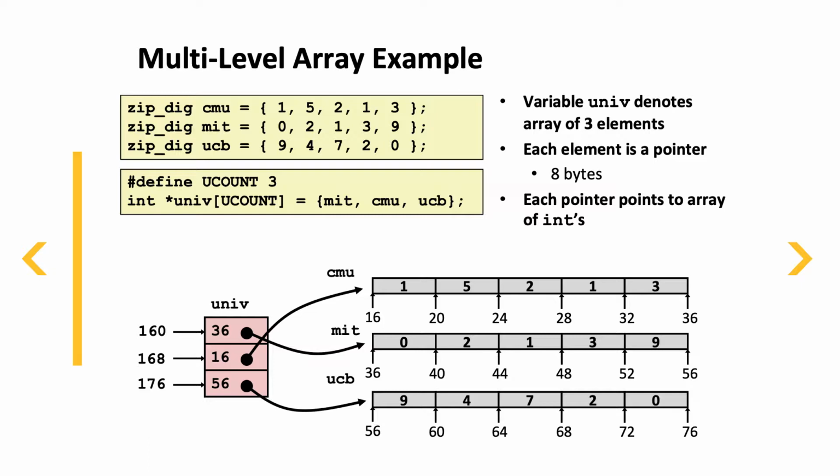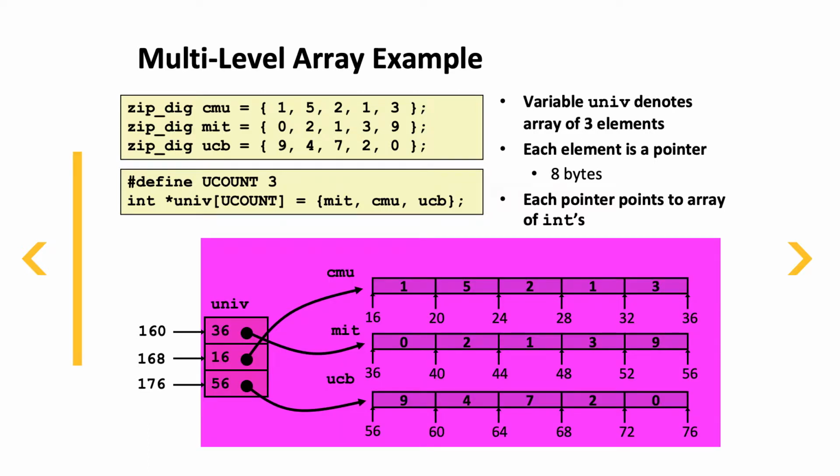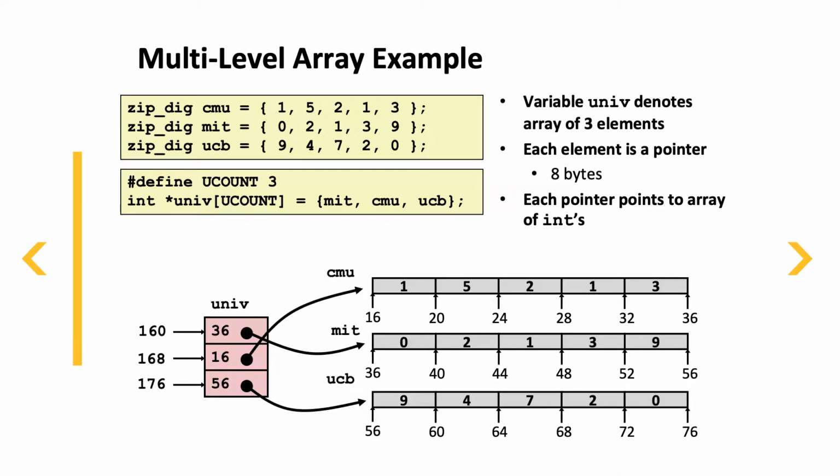So we take a look and we see that those pointers just point out to those same addresses that we had them at in the previous example. So the first one is going to be the pointer to MIT. That points at address location 36. The second one is for CMU. That points at 16. The third is for UCB, and that points at 56. And each of those is just its own array of integers.